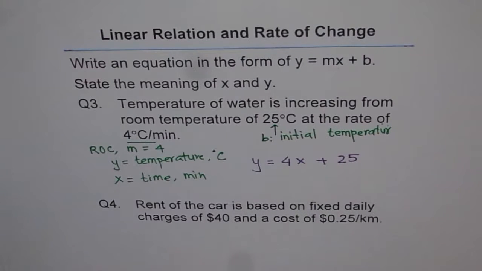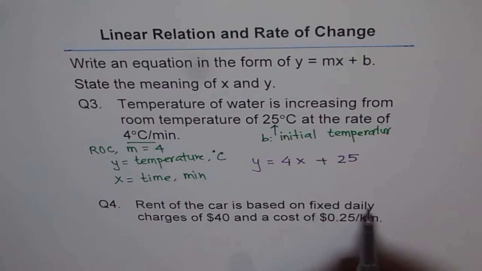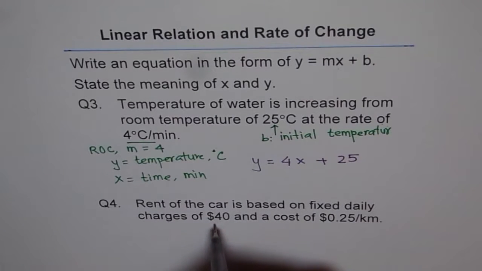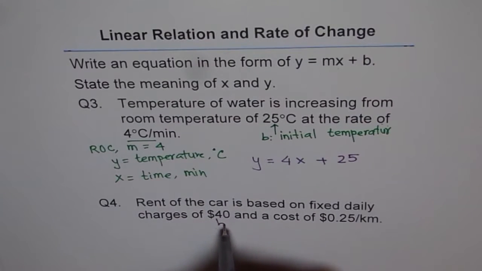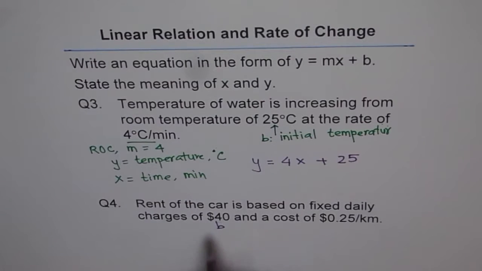Now let's move on to question 4. It says rent of the car is based on fixed daily charges of $40 and a cost of $0.25 per kilometer. Now again, fixed daily charges of 40 is what? Is the value of b, correct? That's the initial cost.